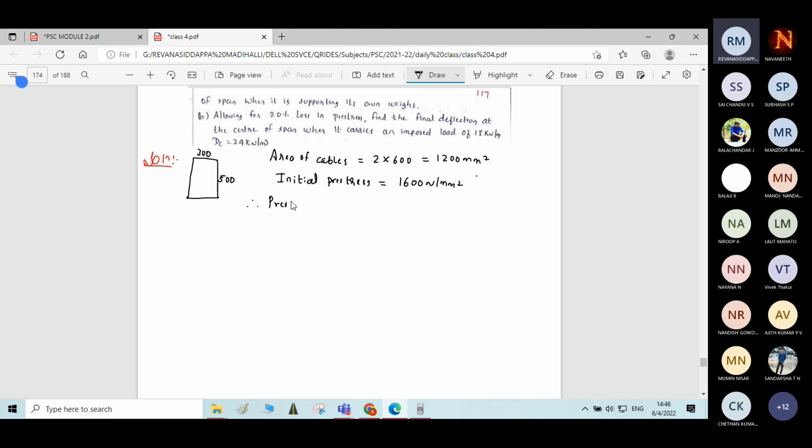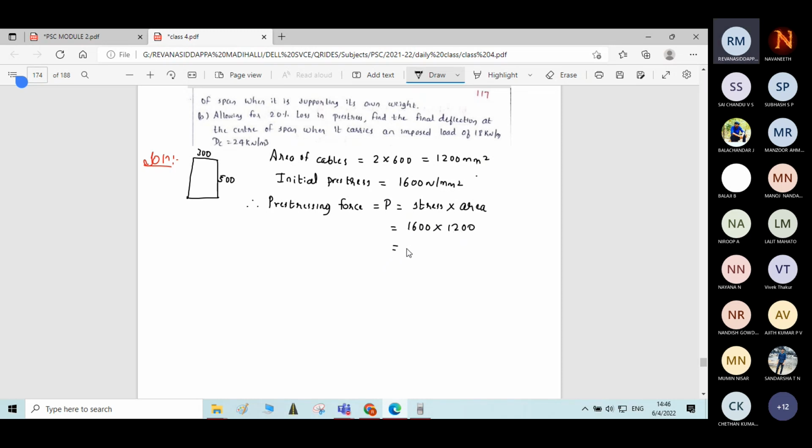Therefore, pre-stressing force P is equal to stress into area. Okay, stress is 1600 into area of cable is 1200.